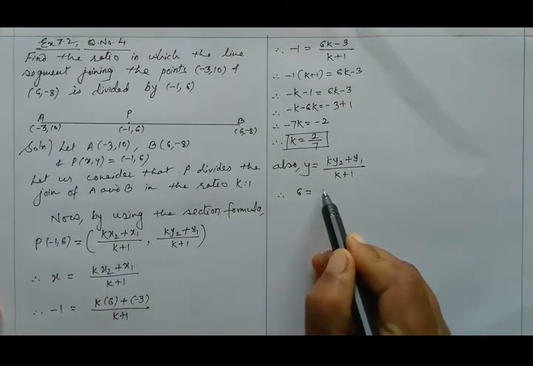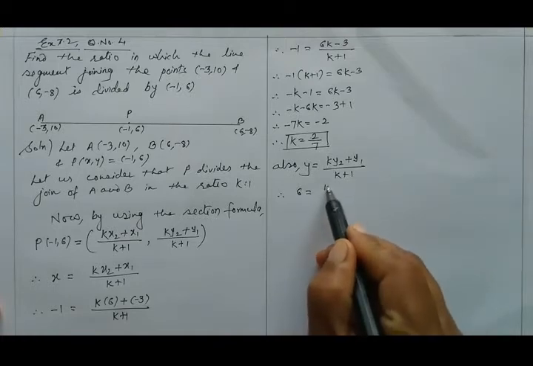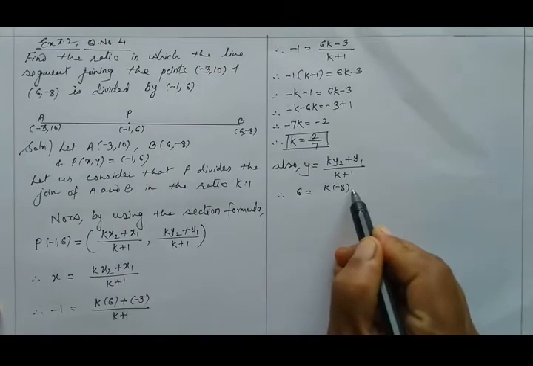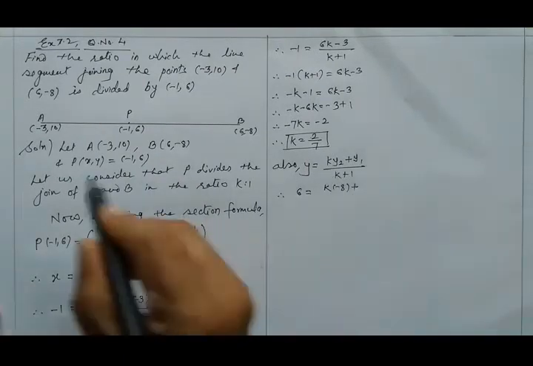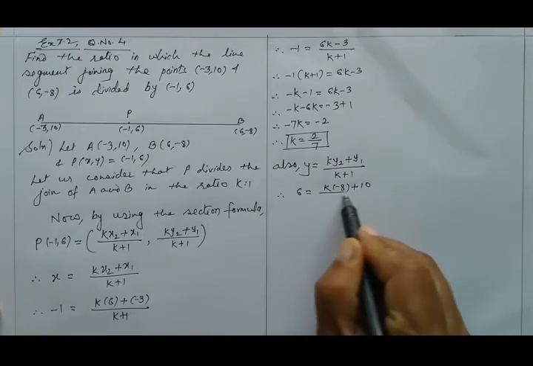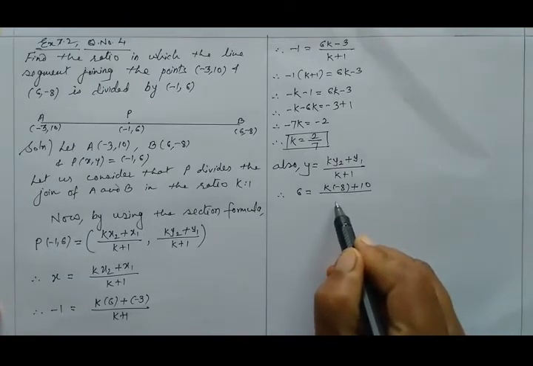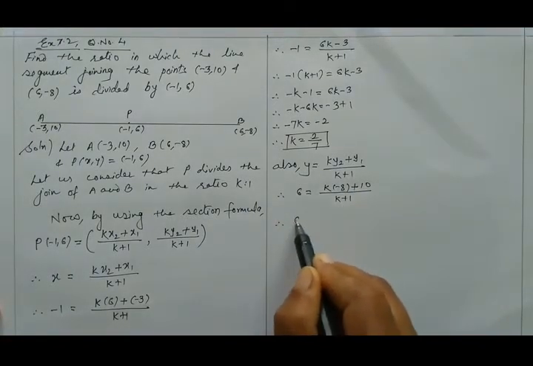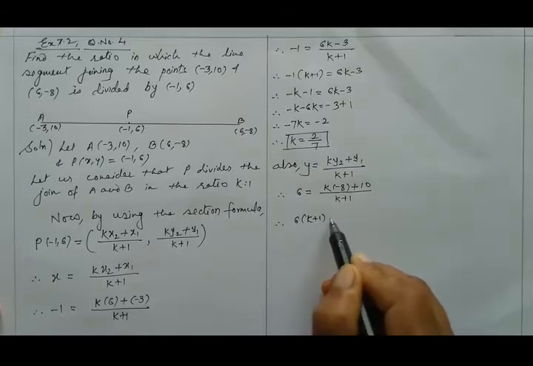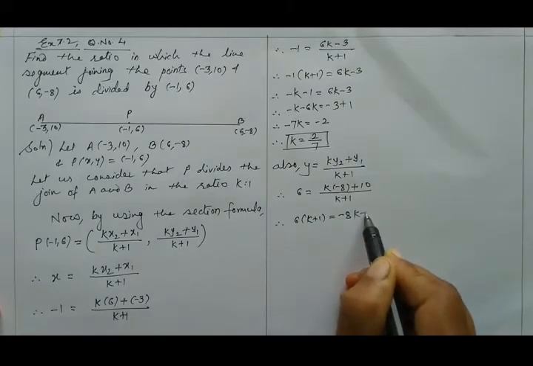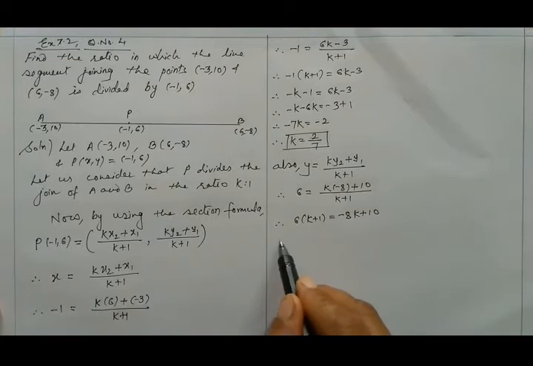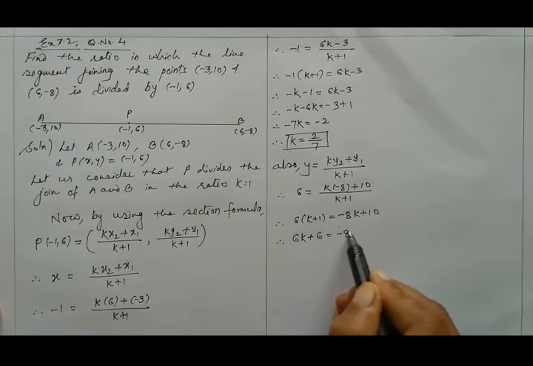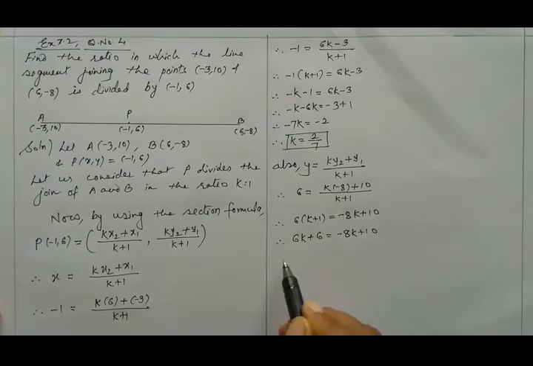K into y2. What is y2? Y2 is minus 8 plus y1. Y1 is 10 upon k plus 1. Okay, upon k plus 1. So therefore 6 into k plus 1 is equal to minus 8k plus 10, and therefore 6k plus 6 is equal to minus 8k plus 10.